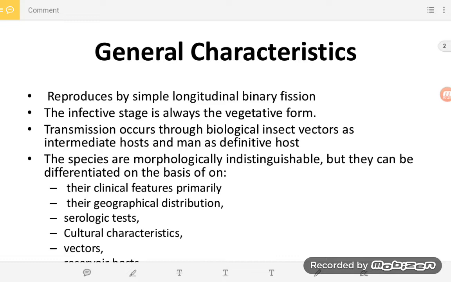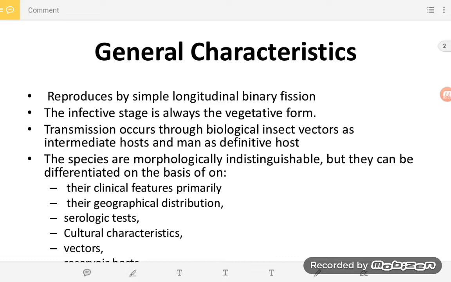Again, vectors we can divide into two types: mechanical vector and biological vector. In the case of a mechanical vector, they just transmit the parasitic stage from one place to another place. There is no development inside the vector.